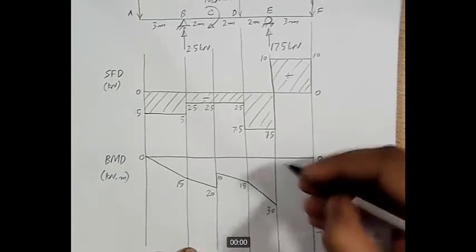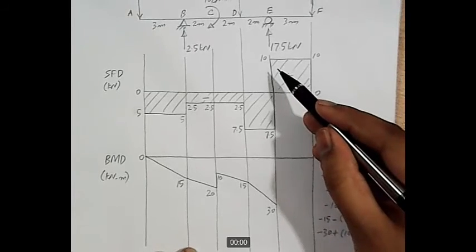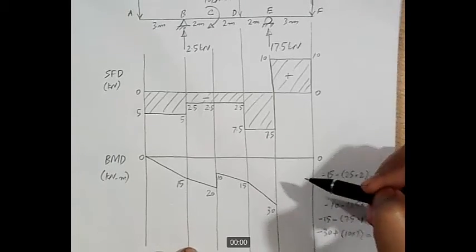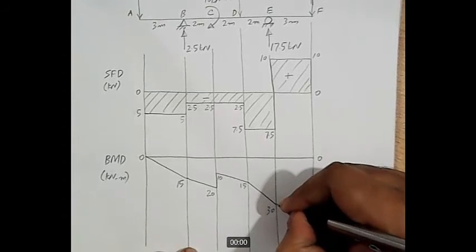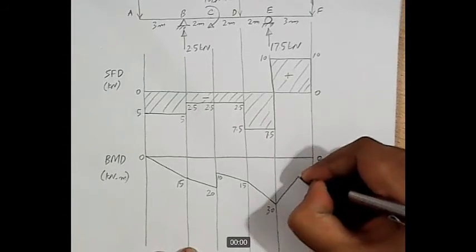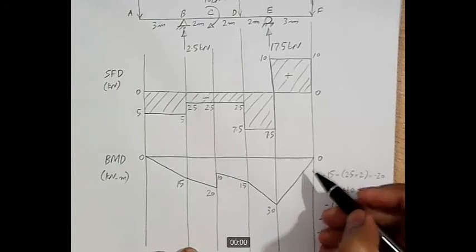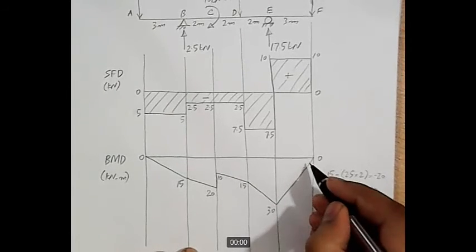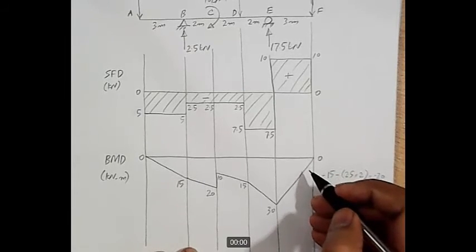Right? And how to connect these 2 points? SFD is 0 degree, so BMD will be first degree. So we will connect these 2 points with a first degree line, and our bending moment diagram is closing at this point. That once again means that the bending moment diagram is correct.